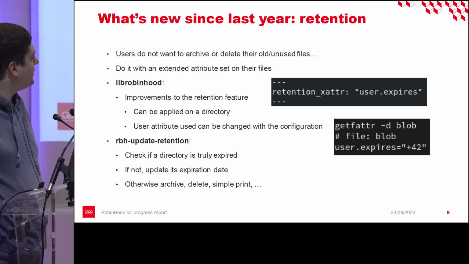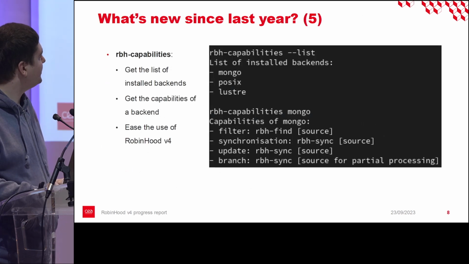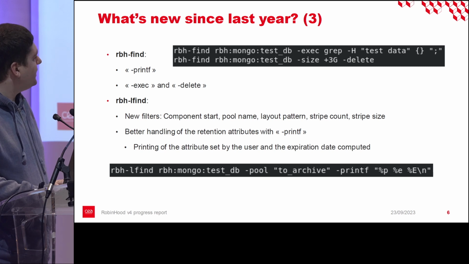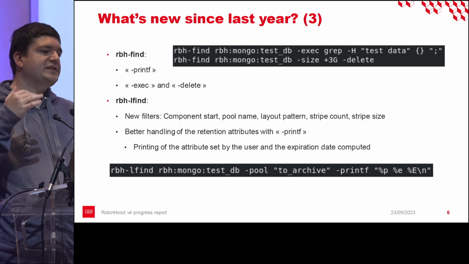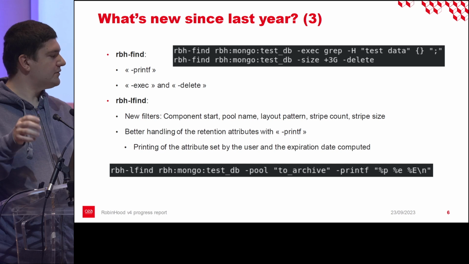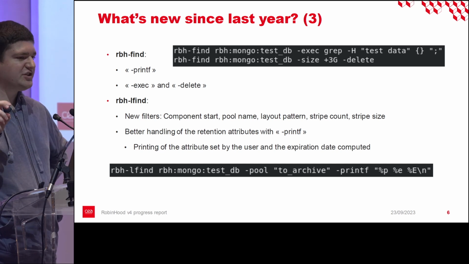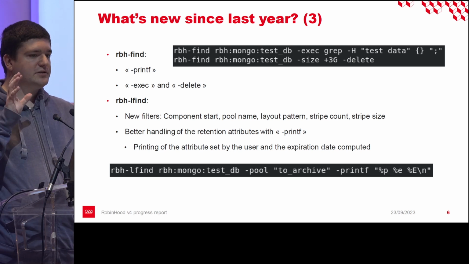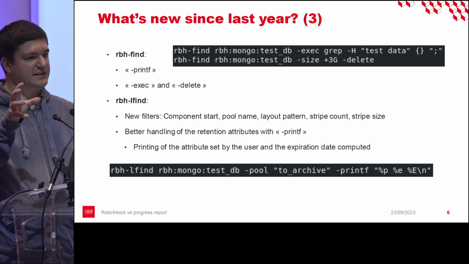So one feature, especially for RBH find, that is needed is the ability to target specific directories in a database. This is done with what we call the branching. So for instance, here we target the whole test database, but you can set it so that it targets a specific part in this database.